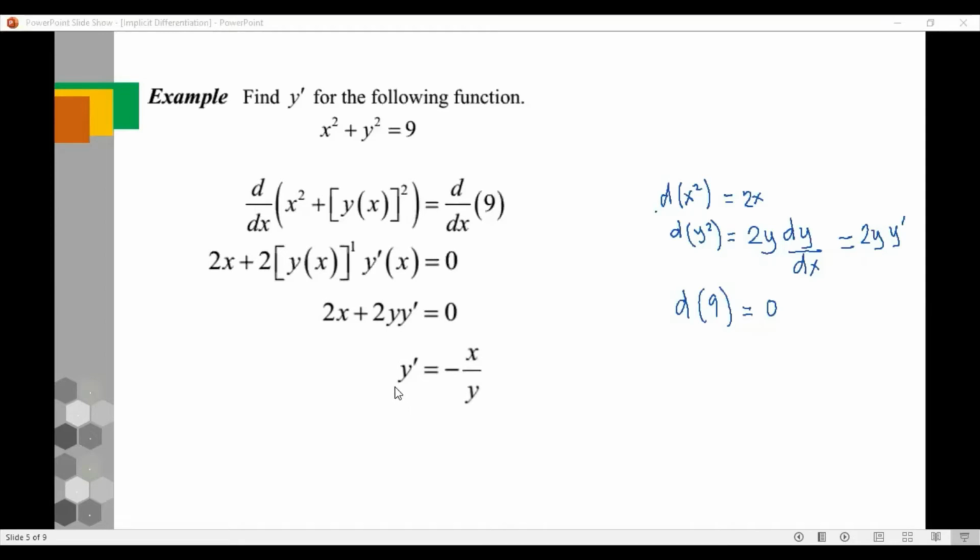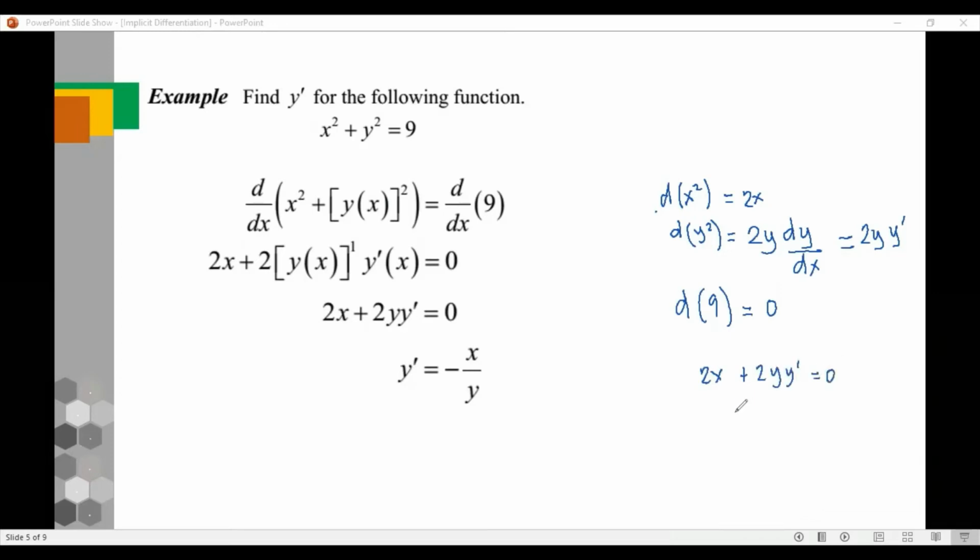And thus, we have y prime of x. You transpose 2x to the other side. Let me write again. In that part, 2x plus 2y prime equals 0.